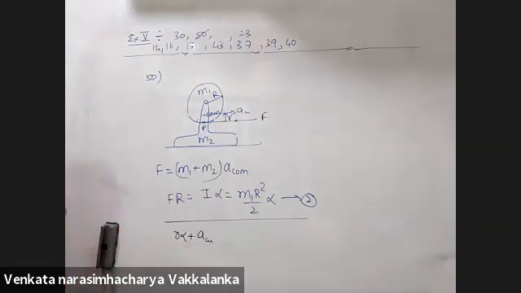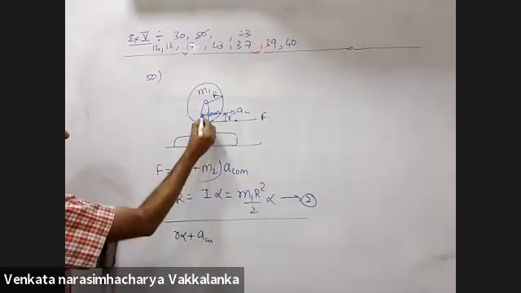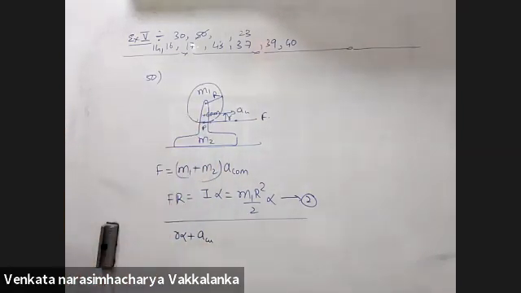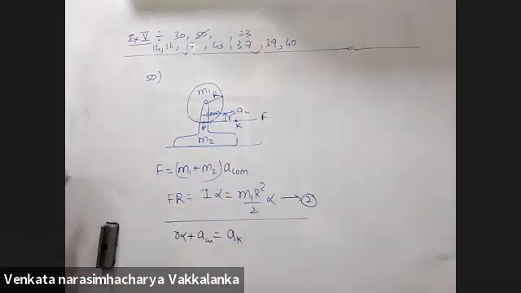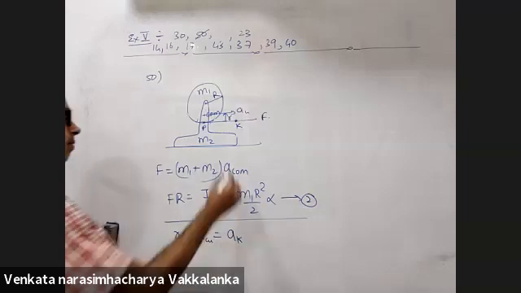This distance is smaller. R alpha with respect to the center of mass, plus the acceleration of the center of mass with respect to ground, will be the acceleration of the point K. We can take the acceleration of the center of mass same as the acceleration of the pivot, right? So from that we'll get acceleration of pivot plus R alpha.